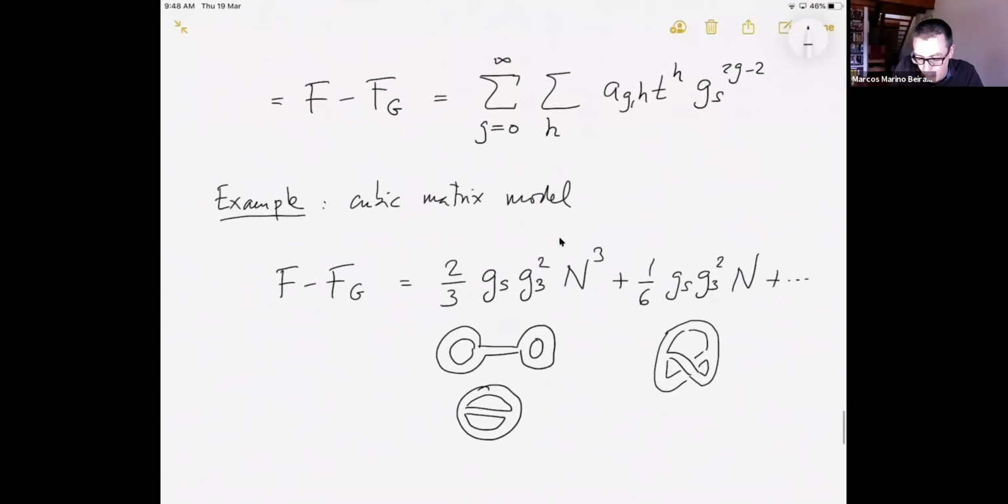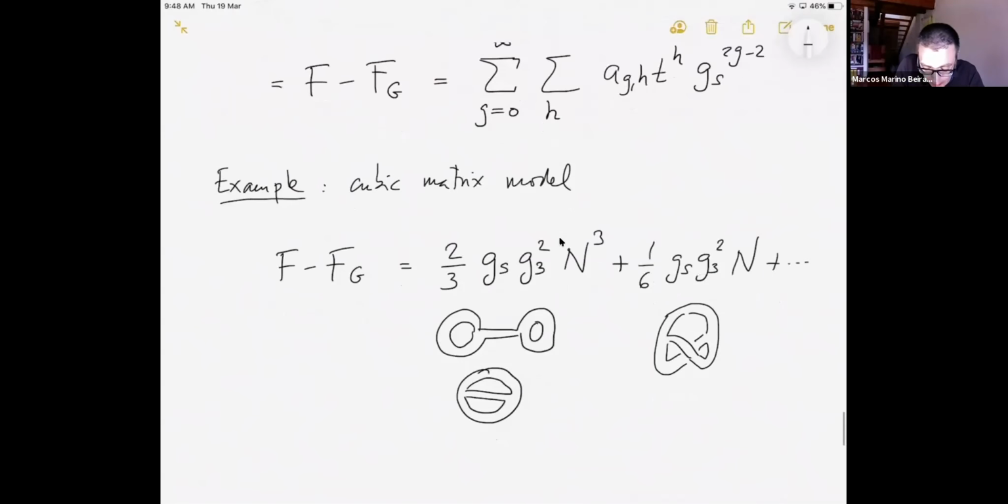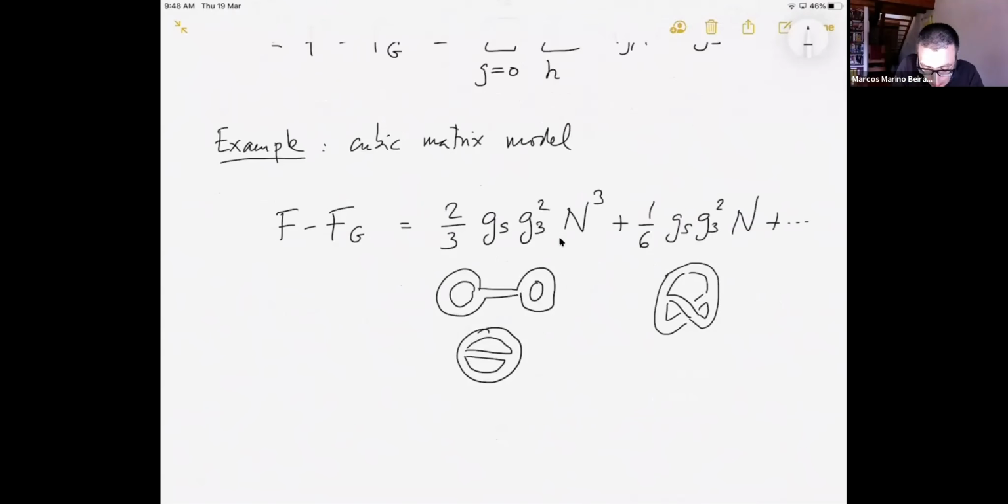So you see that if I write this in terms of this 't Hooft parameter, what do I get? I get 2/3 of g_3 squared. And then I will have here n, so I write n equal to t over g_s. I get t cubed and g_s to the minus 2.